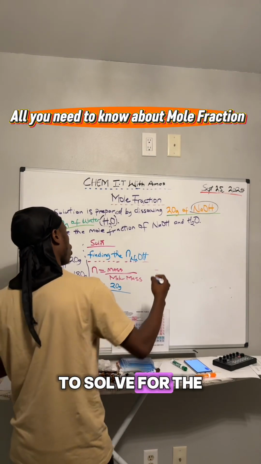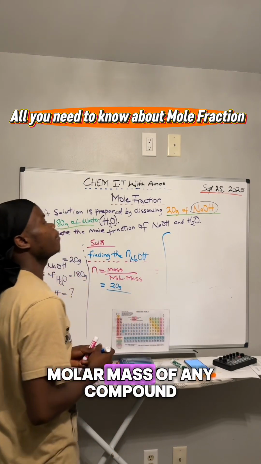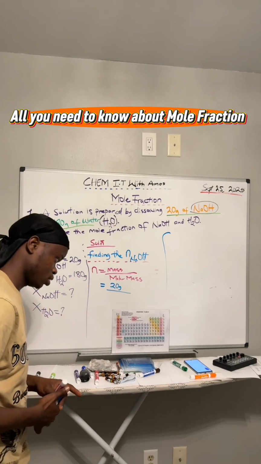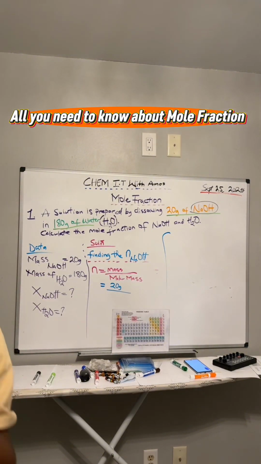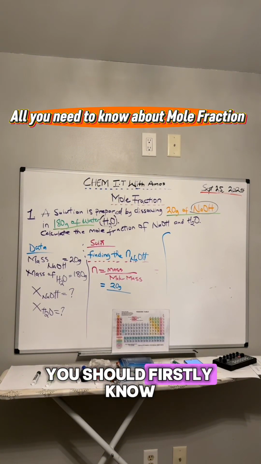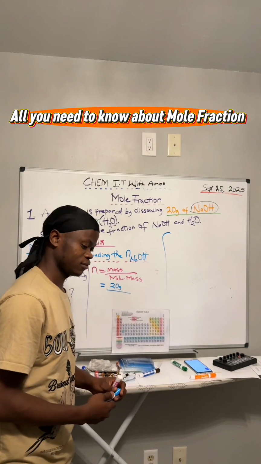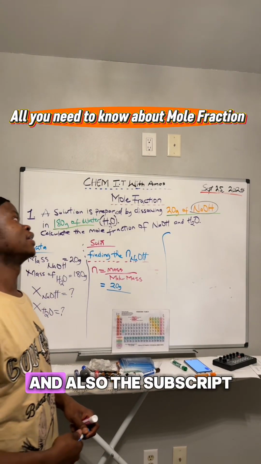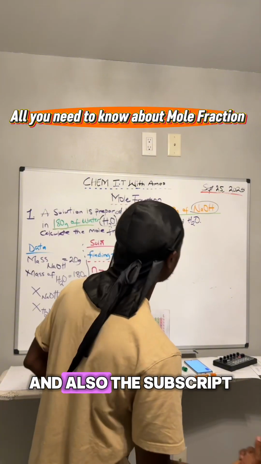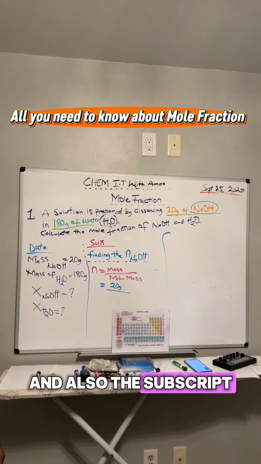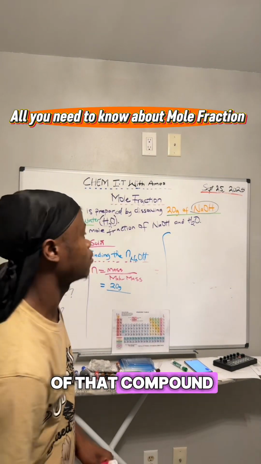To solve for the molar mass of any compound, you should firstly know the mass number of that compound and also the subscript of that compound.